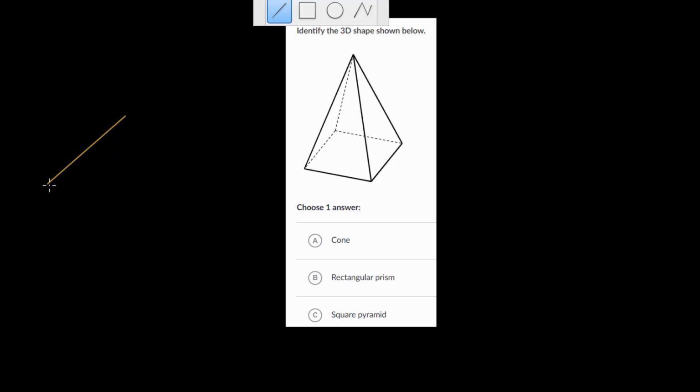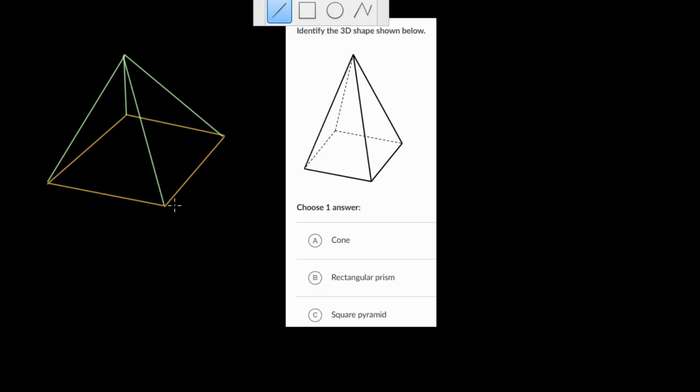So a pyramid has some polygon as the base. In this case, it's a rectangle. And then each corner of that pyramid is going to go up above and connect at one point. So it's going to look something like this, or this shape right here.